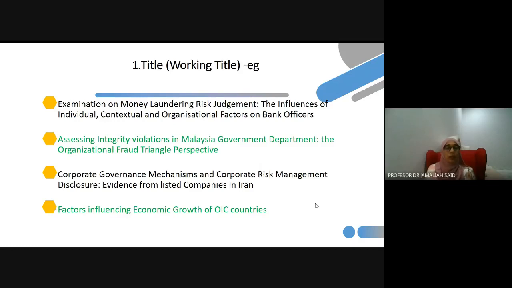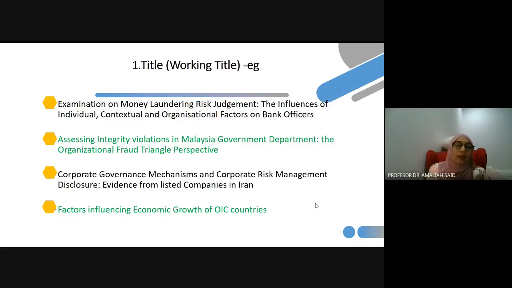The common ones include ownership structure, number of meetings. There are a lot. But we know from this title, obviously the student is testing whether these mechanisms will improve corporate risk disclosure or vice versa. I mean, whether the relationship is going to be positive or negative.